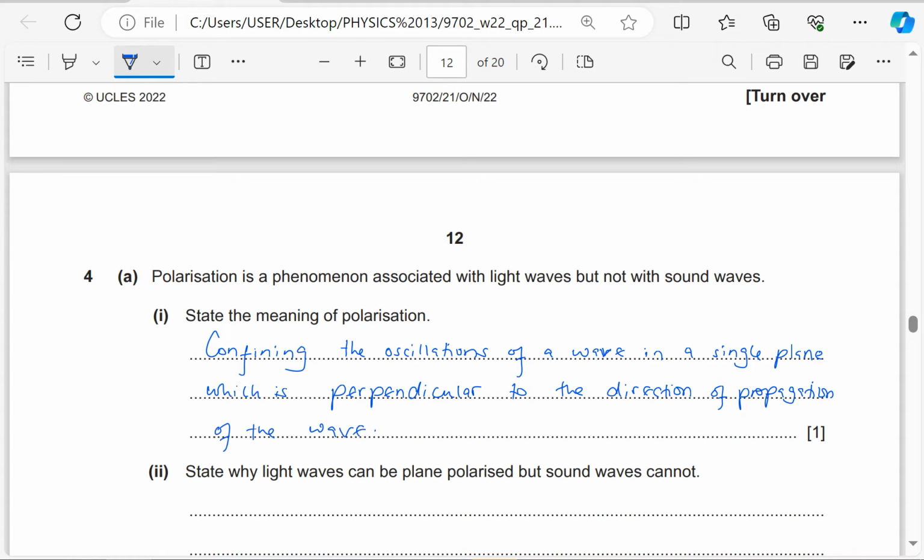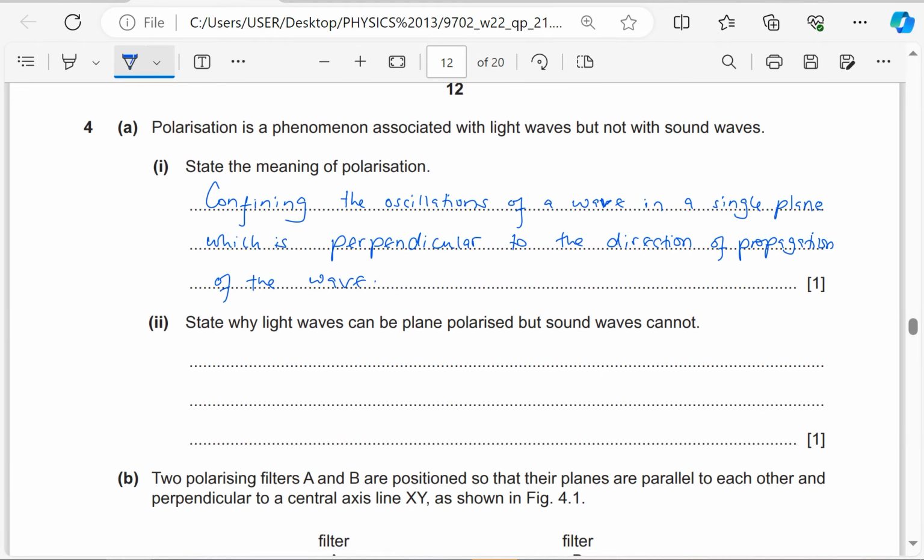So confining the oscillations of a wave in a single plane which is perpendicular to the direction of propagation of the wave, that is polarization.